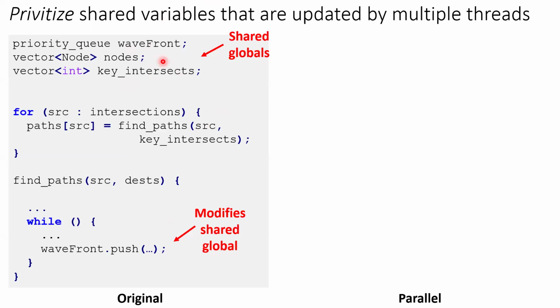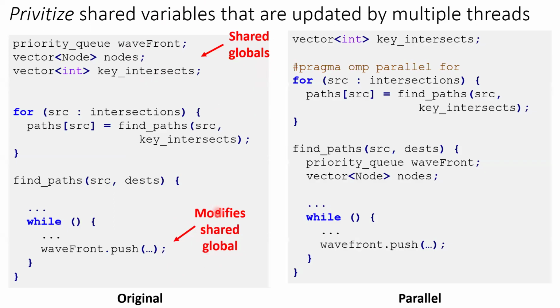We have the shared globals and each thread can be modifying the shared global at the same time, which is why we want to move them into the find paths function to make them private, to make them local. This is called privatizing. So we're privatizing the global variables. Now it's safe because each thread is just modifying its own copy.